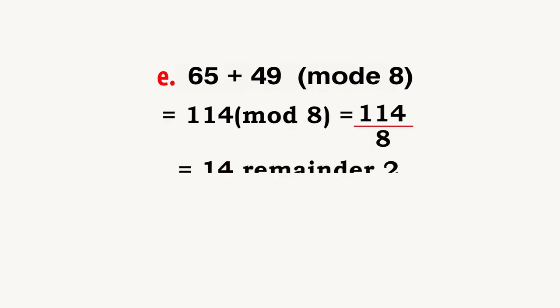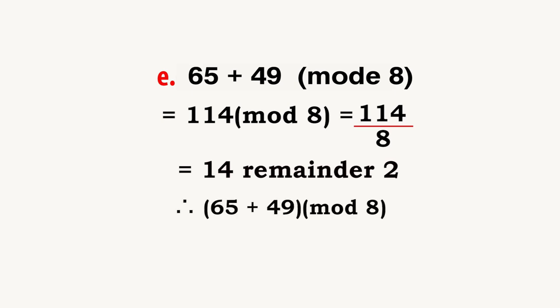Now dividing 114 by 8 we have 14 remainder 2. That means that 8 will go into 114 14 times, and we have a remainder of 2. And therefore, 65 plus 49 in mod 8 is equal to 2 mod 8.